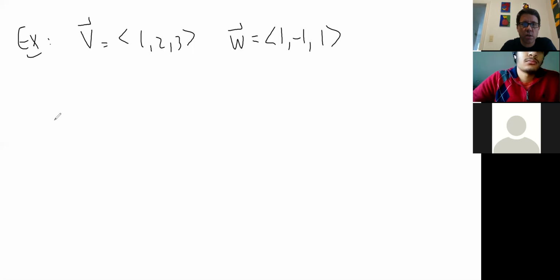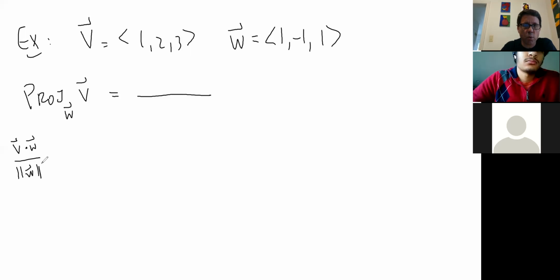So if I wanted to figure out what is the shadow vector if I drew W and then I drew V and I shone a light down onto W, what would the shadow look like? Well, according to my formula, this needs to be the dot product of V and W divided by the length of W squared, and then I just take that and multiply it by the vector W. So it's a scalar multiple of this second vector here.